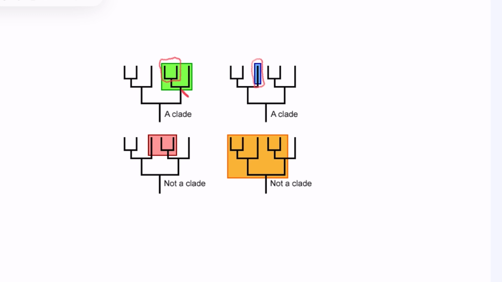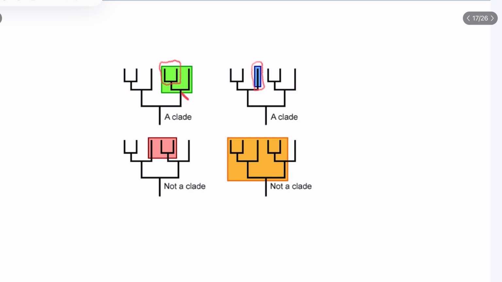Here also, it has a single common ancestor, so we can say it is a clade. But if we took this one, it doesn't share a common ancestor, so we cannot say it is a clade. And the same here, it does not share a common ancestor because this one is remaining, so we say it is not a clade.